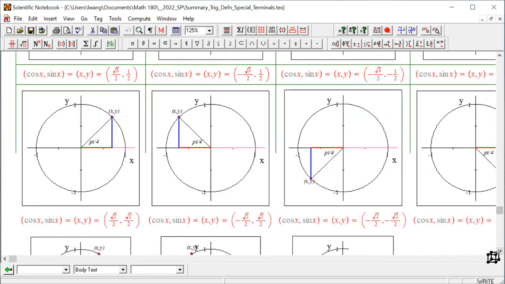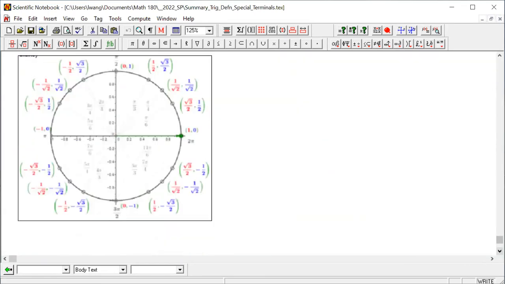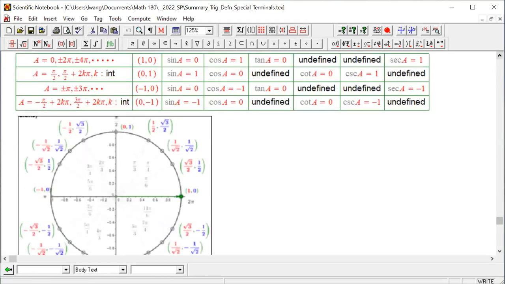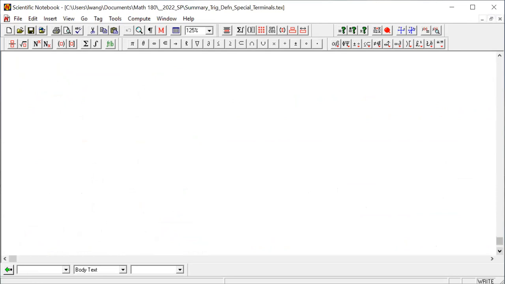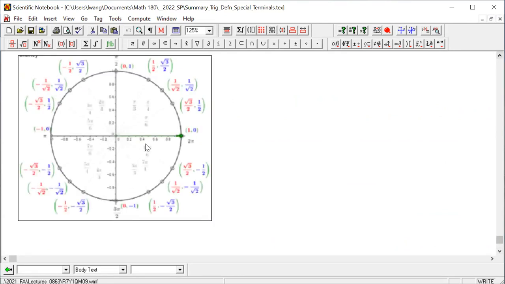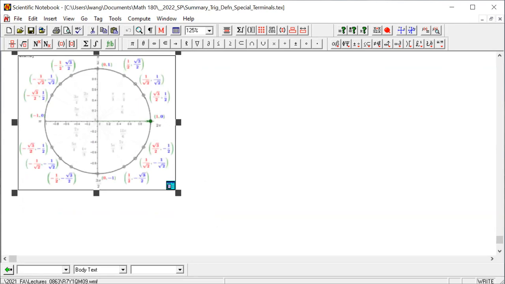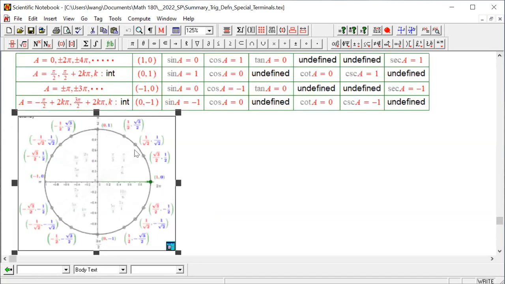in the lecture we discussed special angles. So I wish you guys to take a look at these, right? When the terminals are on the x-axis or y-axis, when terminals are on the axis, it could be this case, right?